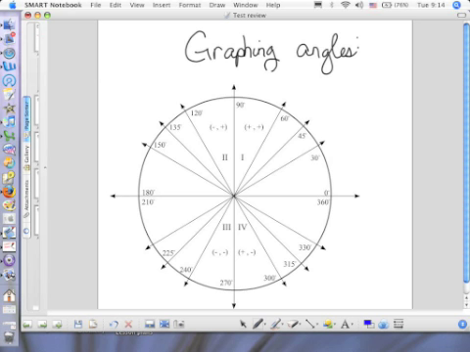Well, if you're going to graph a 140 degree angle, the first thing is, where do we always start from? 0, 0. This is always our initial side, or our starting point for our angle. From there, if we're going to 140 degrees, we go past 30, 45, 60, 90, 120, 135.